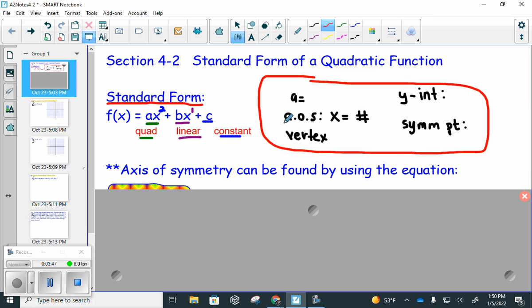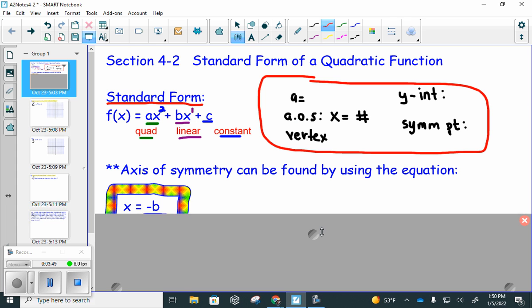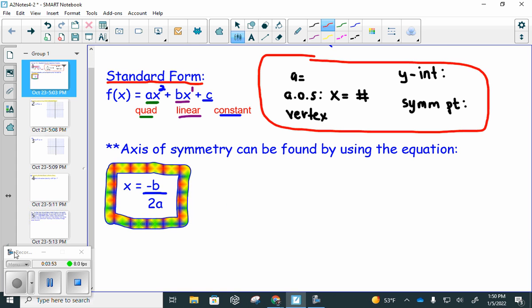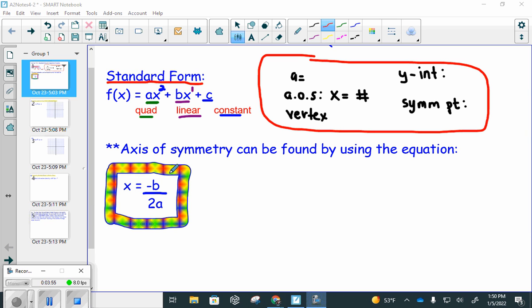The AOS, the axis of symmetry, can be found by using this equation. If it's in standard form, this must be used. And so in order to find this answer, x equals some number, you're going to have to take the A, the B, and the C, the numbers in your problem, especially just the A and the B, and put it in this form to figure out the answer.